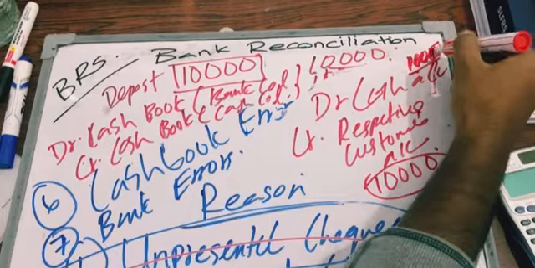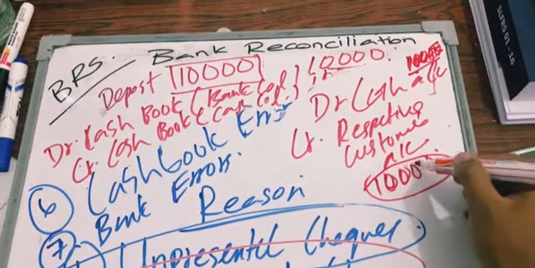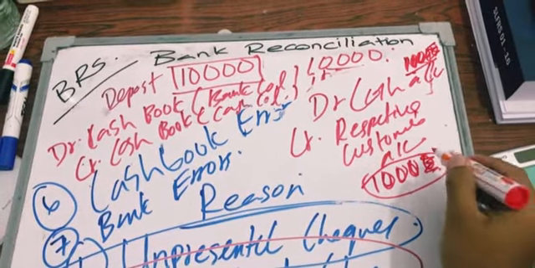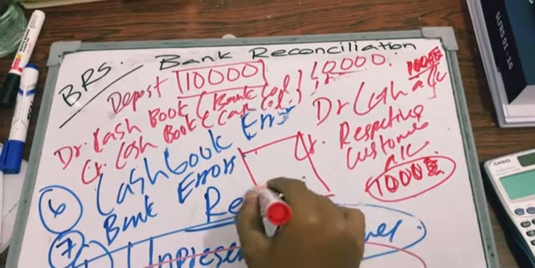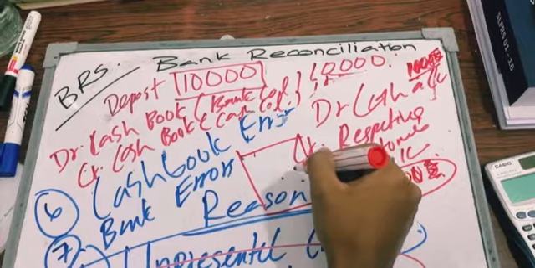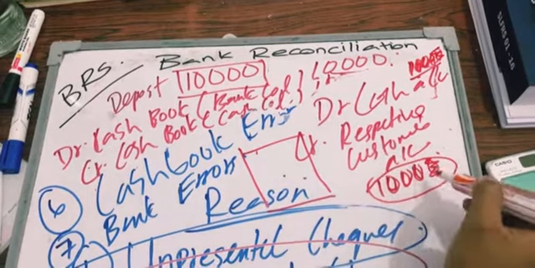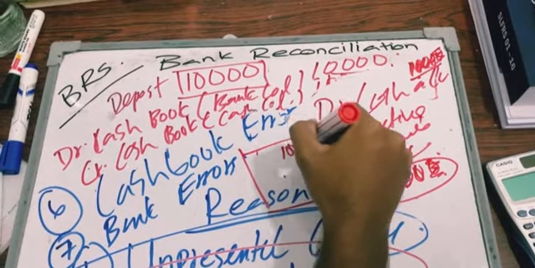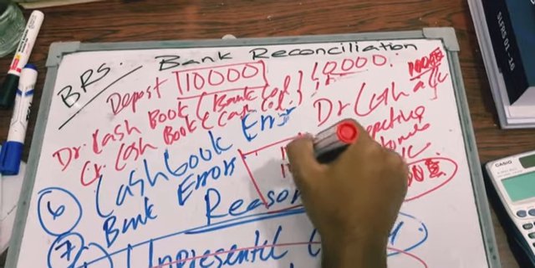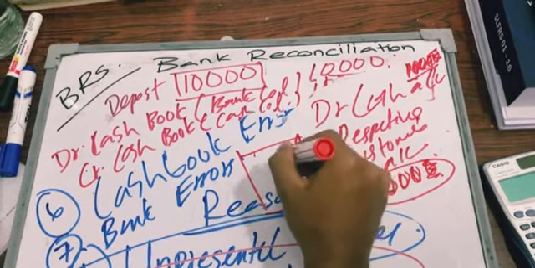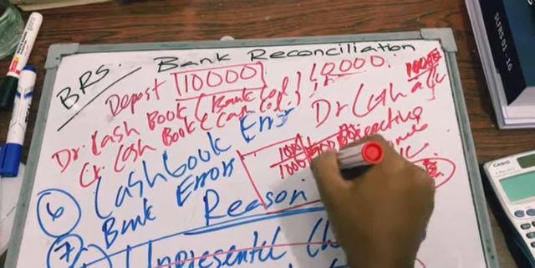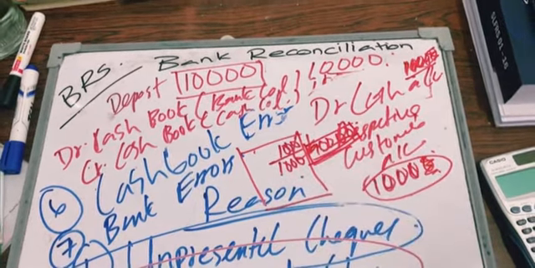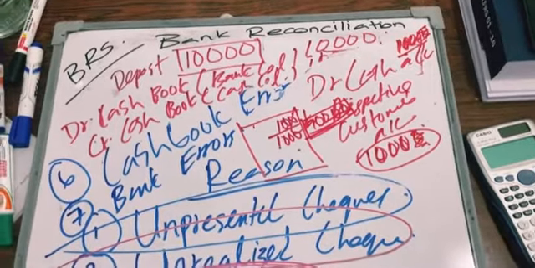We'll assume rupees 1,000. Then the bank statement, which is prepared as per the records the bank maintains, will also show rupees 1,000, but actually we have deposited rupees 10,000. There's a variation of rupees 9,000. That also should be shown in the bank reconciliation statement. That is the meaning of bank error.